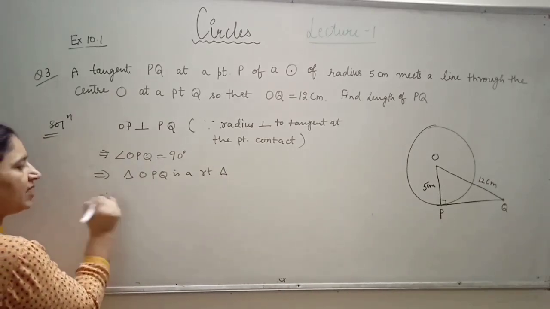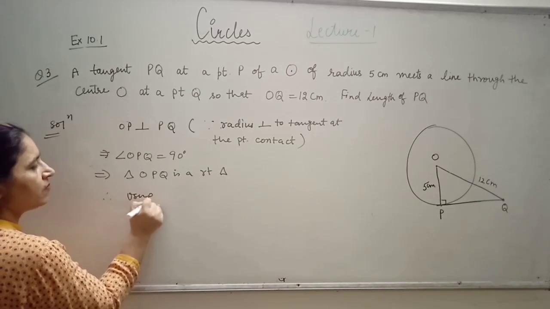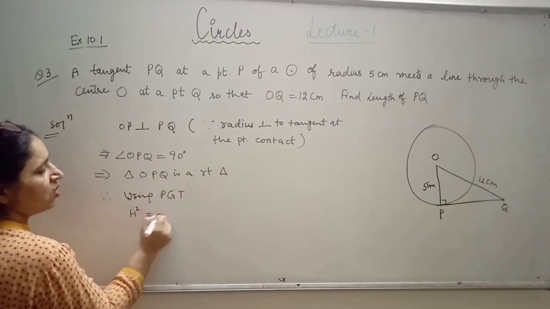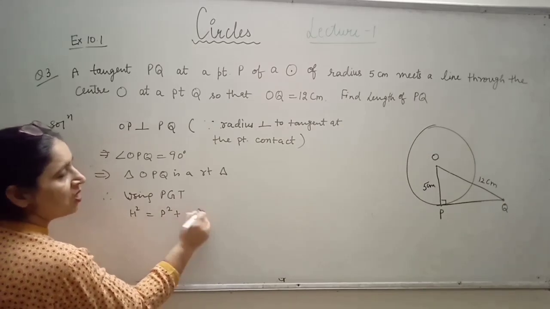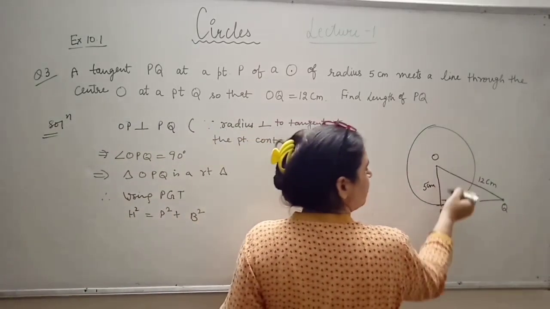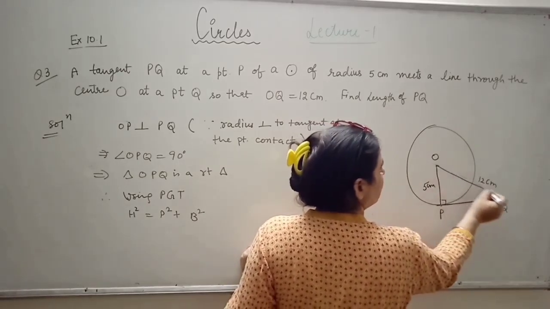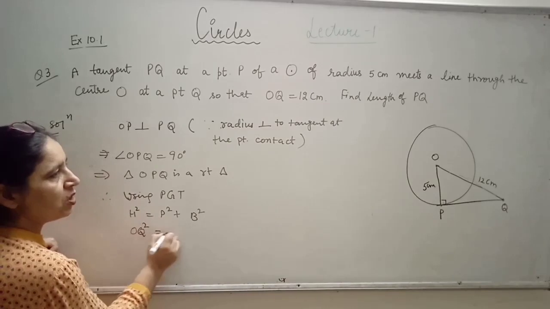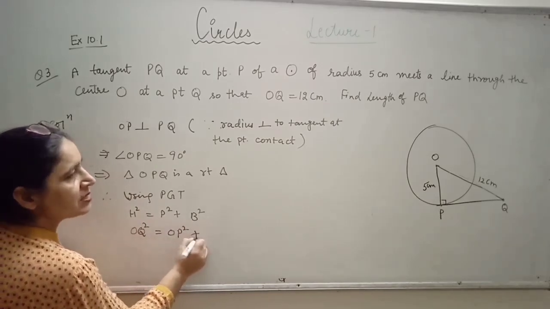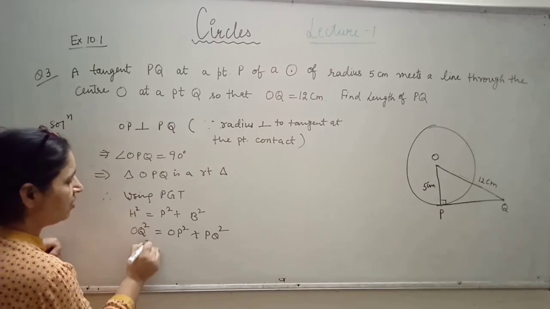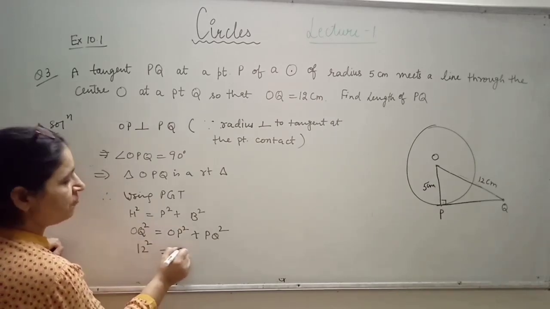Therefore, we can apply Pythagoras theorem. Hypotenuse square is equal to perpendicular square plus base square. What is hypotenuse? You can easily see the side which is opposite to this perpendicular, that is OQ. So OQ square is equal to perpendicular square plus base square. What is OQ given? This. OP 5.